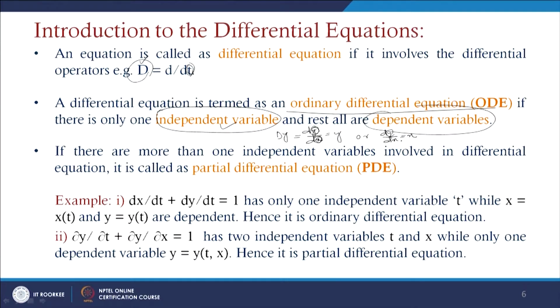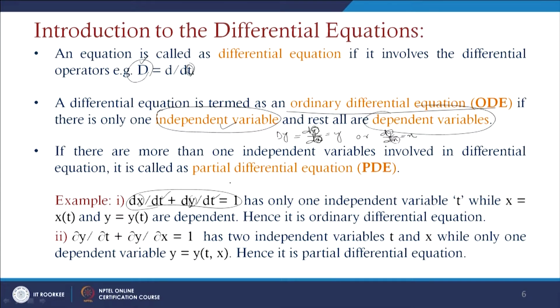In a continuous phase, we can write dx by dt plus dy by dt equals, suppose, 1. Here the dependent variables are x and y, but the independent variable is only t.